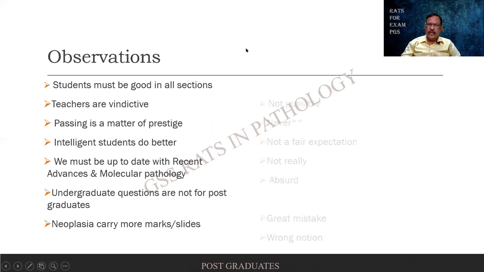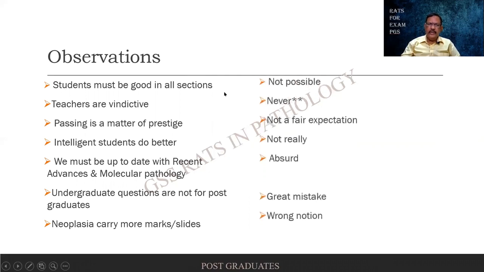Now let us see what the reality is. It is not possible to be good in all sections. Teachers are never vindictive. In fact, you are nowhere when compared to them, and you are not a competitor for them. No good teacher will like to fail a student, and no good teacher or examiner will give a misleading clue.